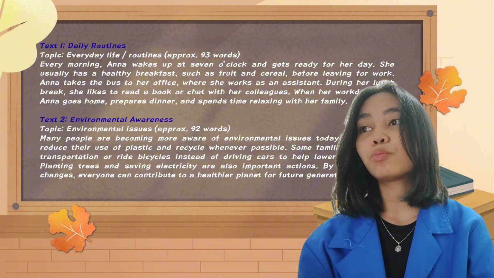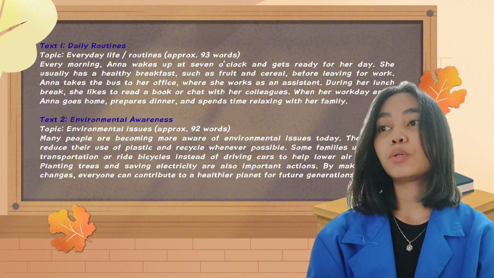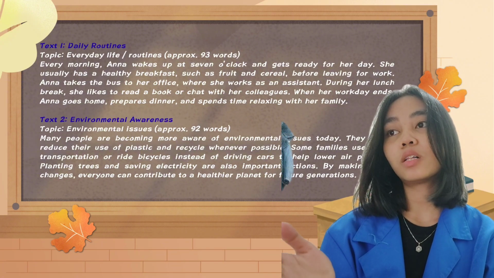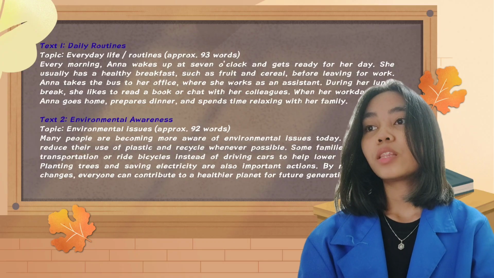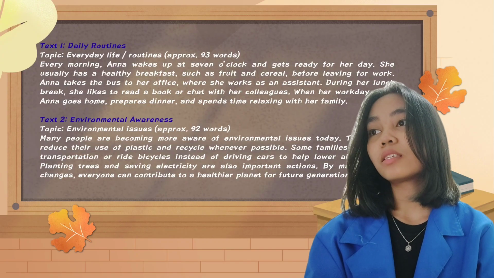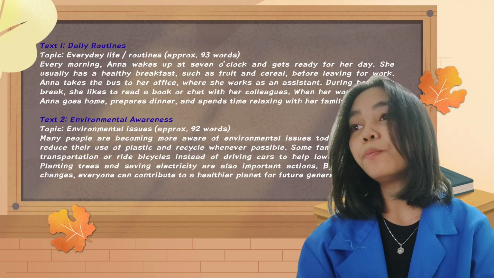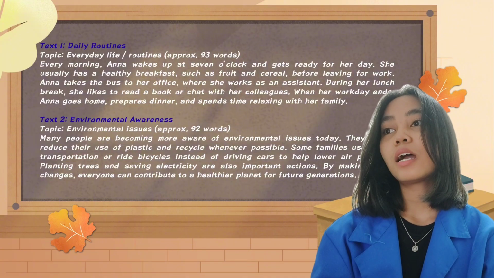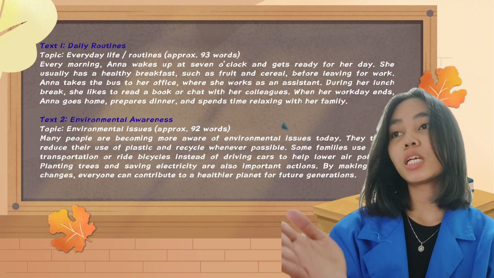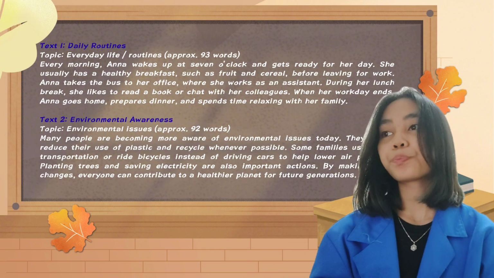During her lunch break, she likes to read a book or chat with her colleagues. When her workday ends, Anna goes home, prepares dinner, and spends time relaxing with her family.